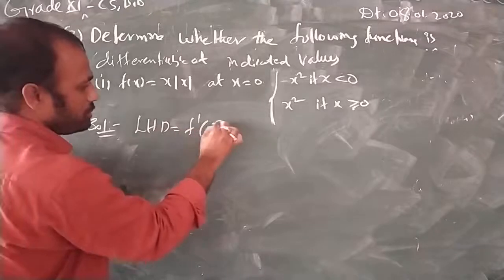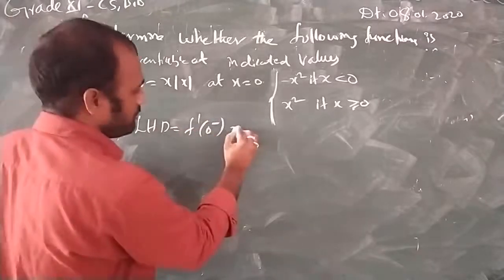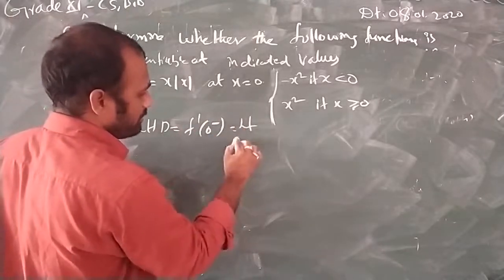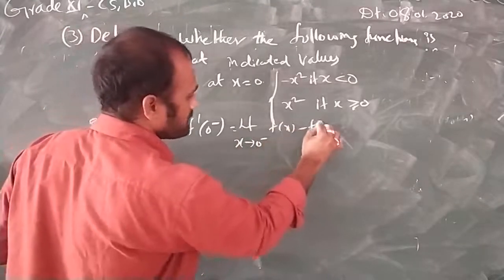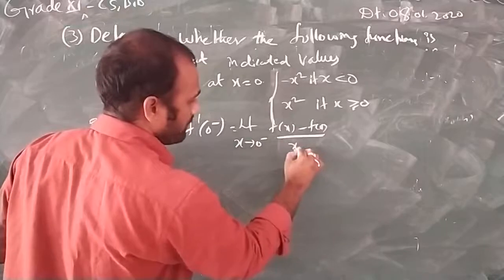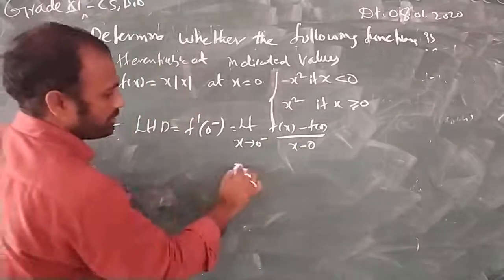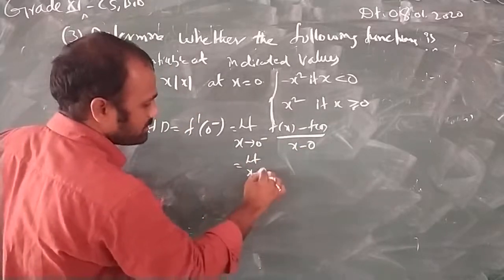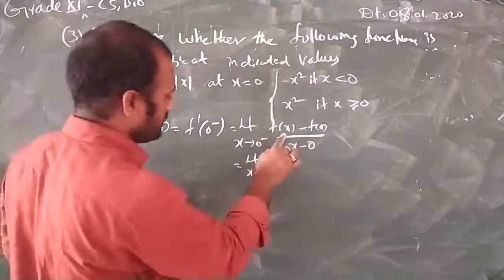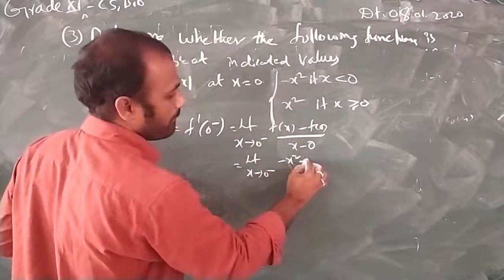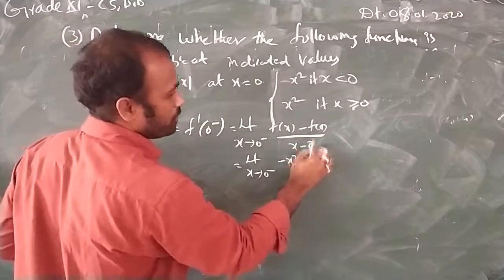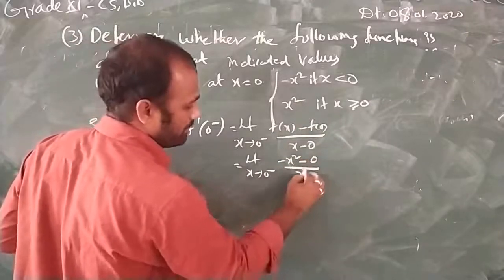f dash of 0 minus, the left hand derivative, is equal to limit x tends to 0 minus of f of x minus f of 0 divided by x minus 0. Here we are taking x less than 0, so f of x will be minus x square, and f of 0 is 0, divided by x.